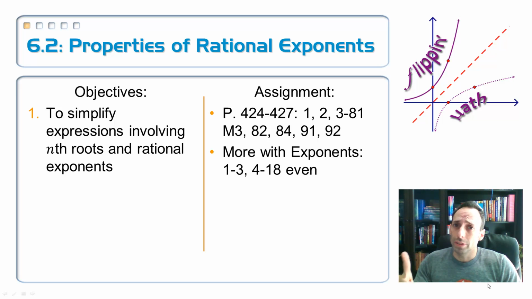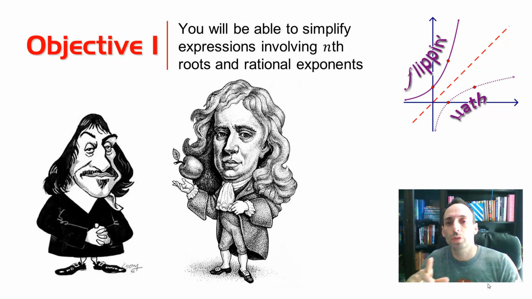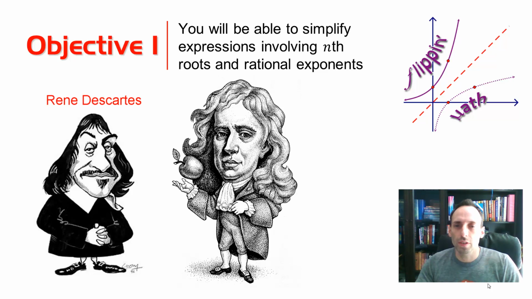Even though it's one objective, there's lots of stuff in it. So for the picture here, I chose something historical. Speaking of exponents, the modern notation for exponents, a little superscript, the first person to write that down in a book would be the guy on the left there, Rene Descartes, who did lots of stuff, but that's one of the things that he did.